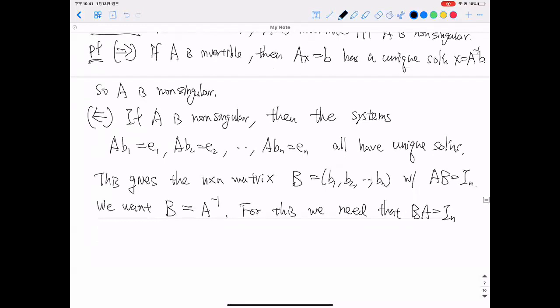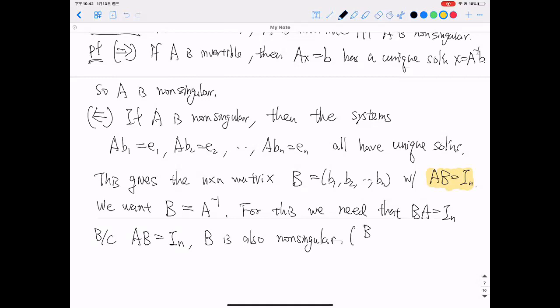Now for this we make the following observation. Because AB is I, B is also non-singular. A is assumed non-singular, right? And B is also non-singular. How do you see that?